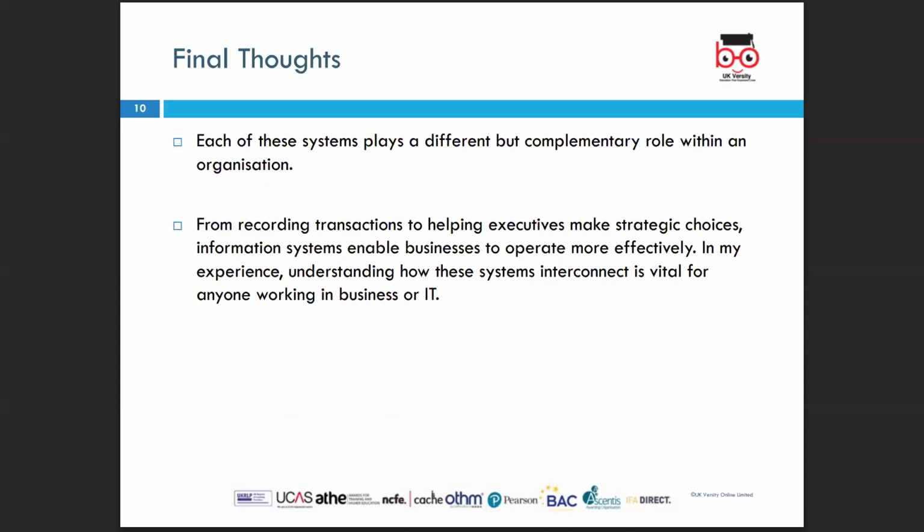So in a nutshell, each of these systems plays a different but complementary role within an organization. We can see that from recording transactions to helping executives make strategic choices, information systems enable businesses to operate more efficiently.